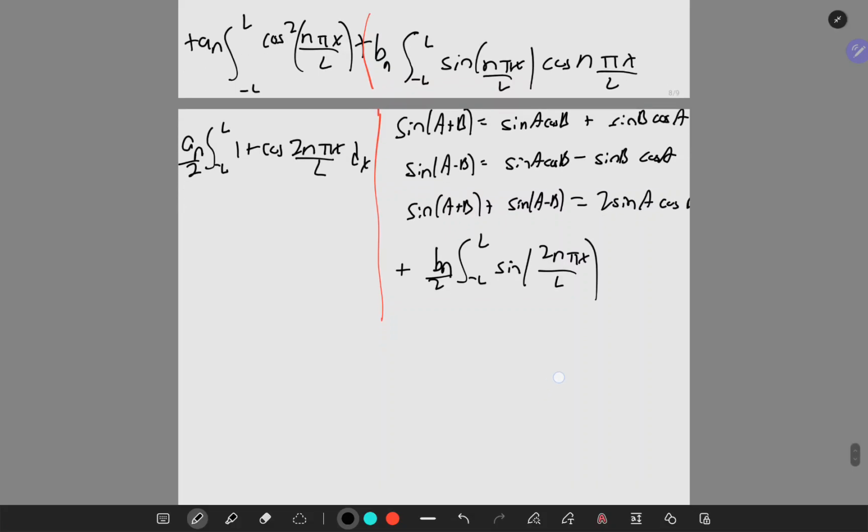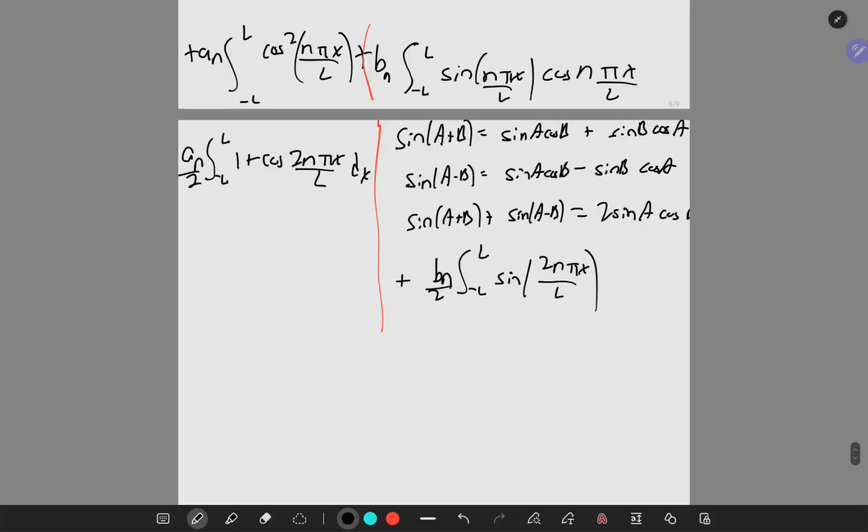I already know where this is going. I can tell you that this sine one's going to drop off because we're going to have cosine. Remember, it's going to be an even function once again. I'll show how it goes. I guess that would be L over 2n pi times sine, cosine.